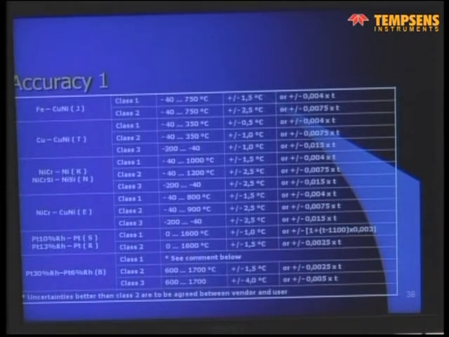So in the range from minus 40 to plus 375 degrees centigrade, you have a constant permitted deviation of 1.5 degrees. And above this, you have a multiplying factor which comes out to 4 degrees at 1,000 degrees, obviously. Okay?